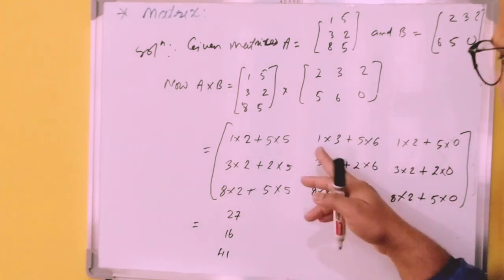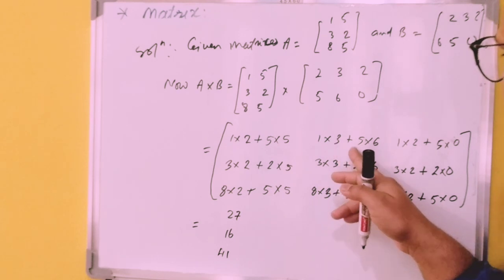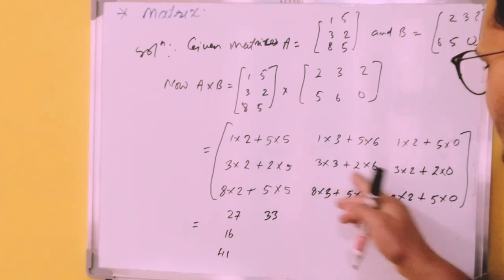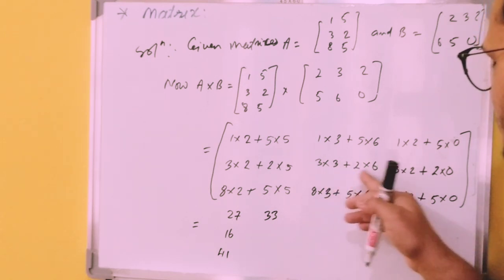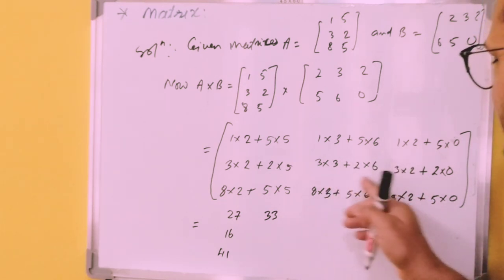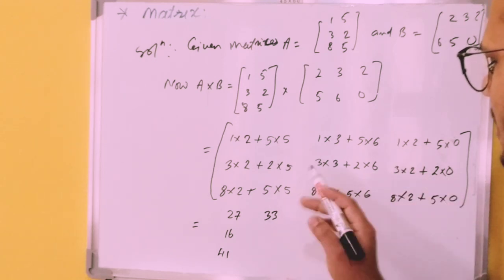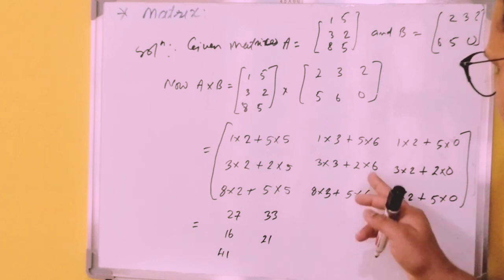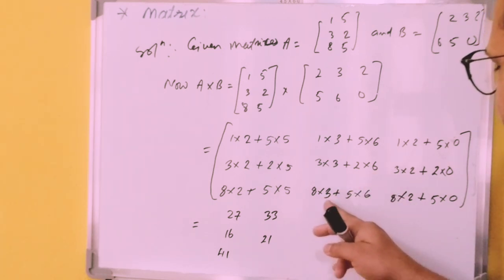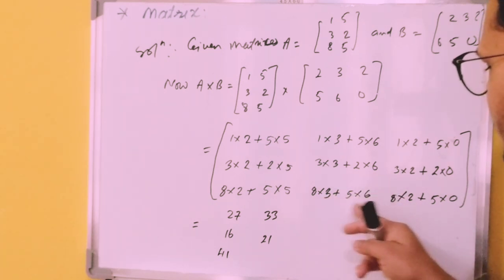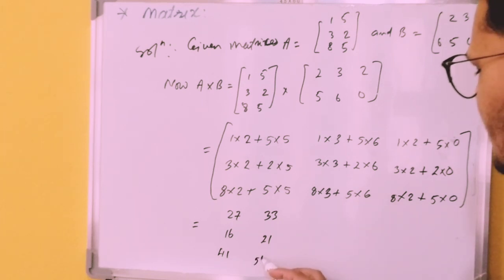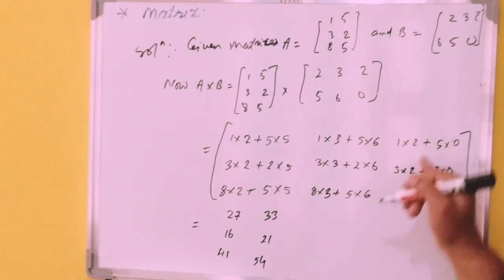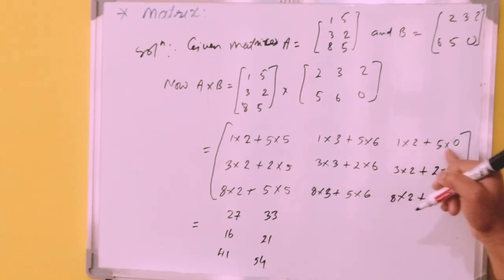For the next term, 3 into 1 is 3 plus 30 is 33. Then 9 plus 12 is 21. And another 24 plus 30 is 54.